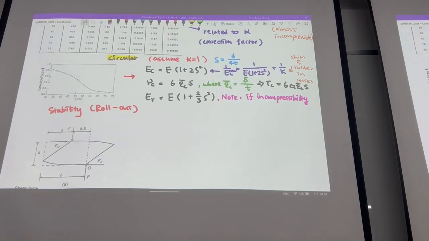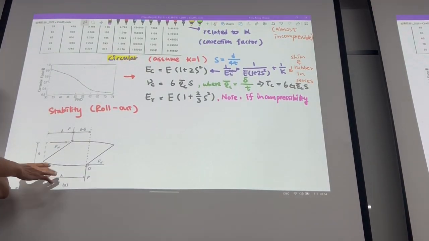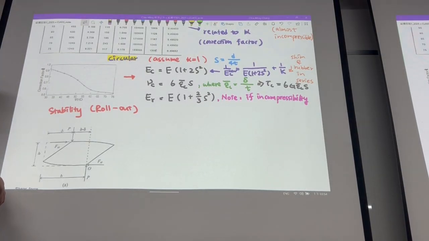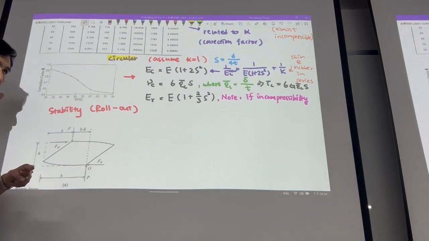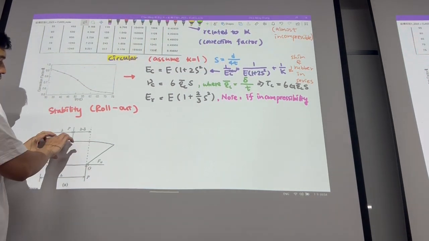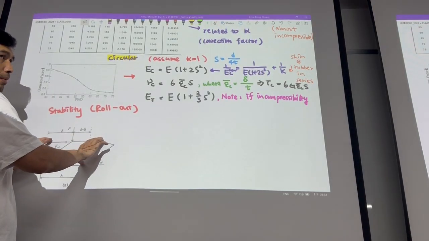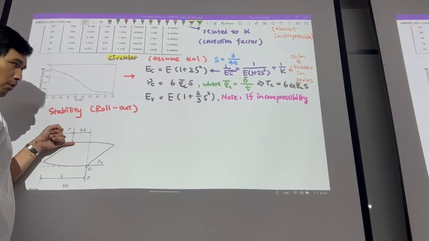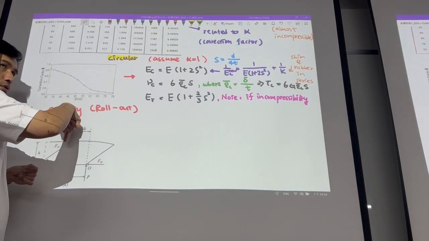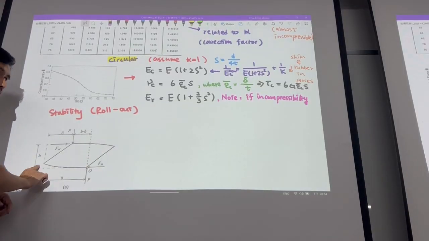Stability. Okay. This stability is quite simple. So originally, for example, you look at it from the side, it's more like a rectangle, the rubber bearing. Okay. After you apply some lateral force and also the axial force, then the deformed shape will be like this one.